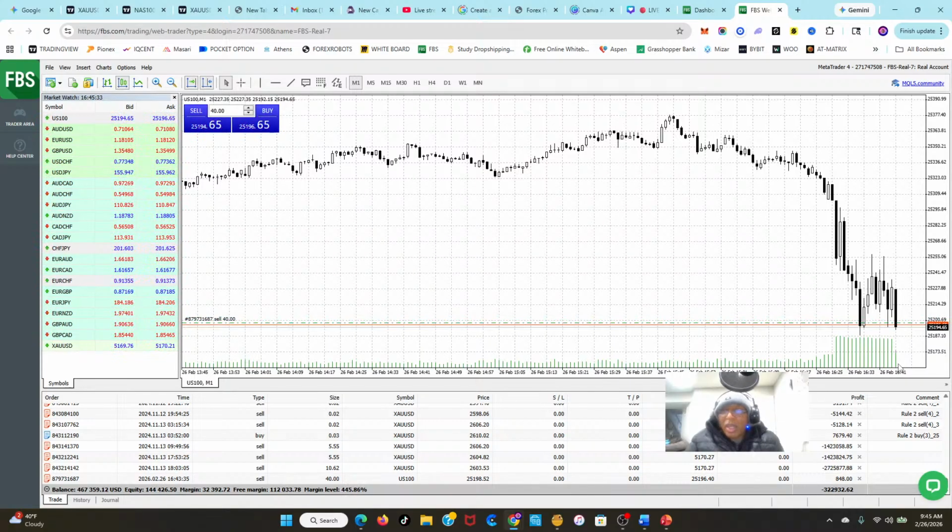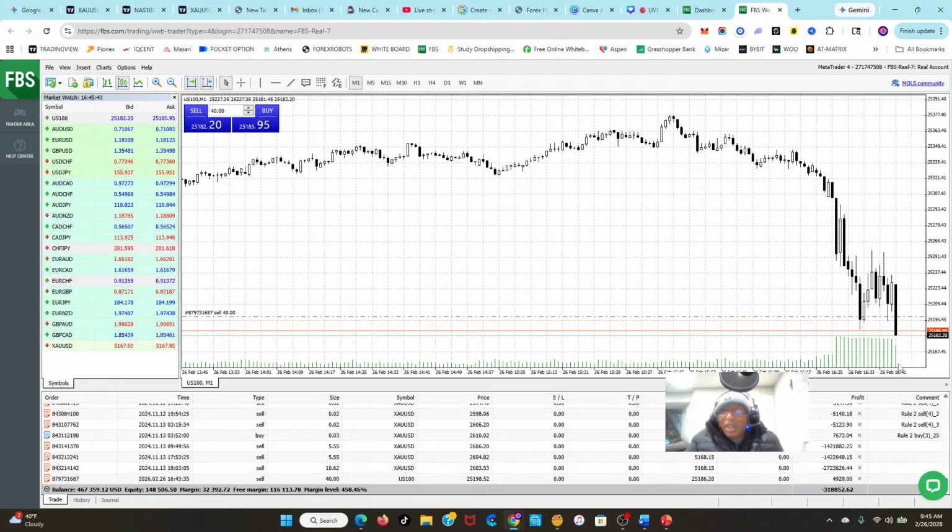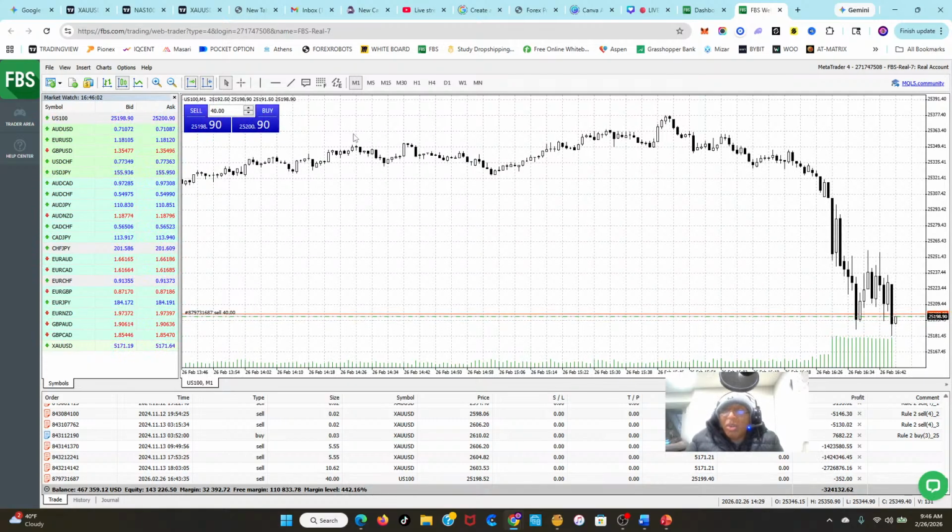So it's probably going to clear that. Maybe not. It's a lot of pressure now. The sellers are in. Just give it a minute. These are minute bars. I'm not able to change this to 2 minutes on this broker for some reason.